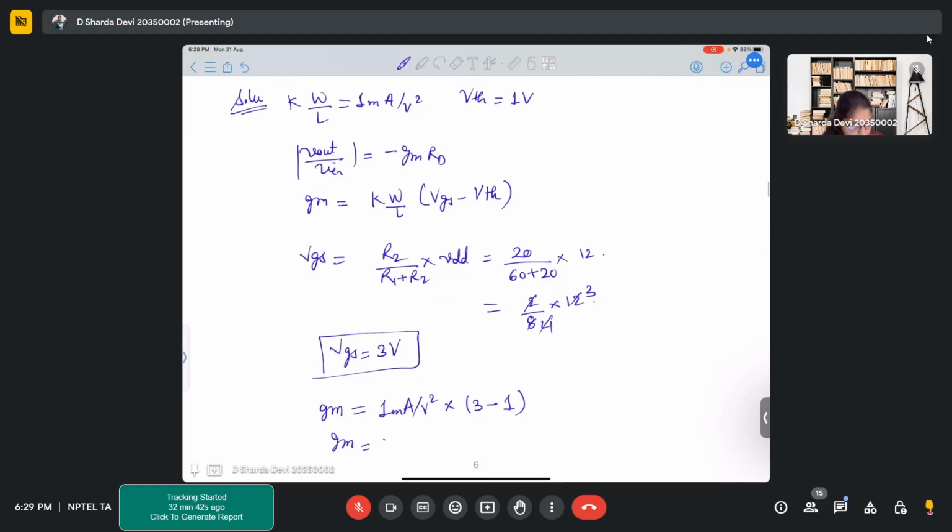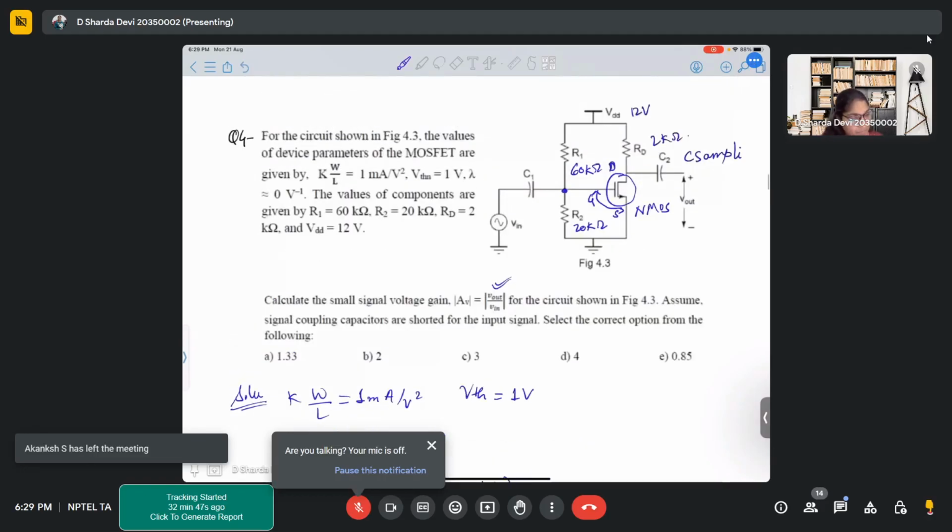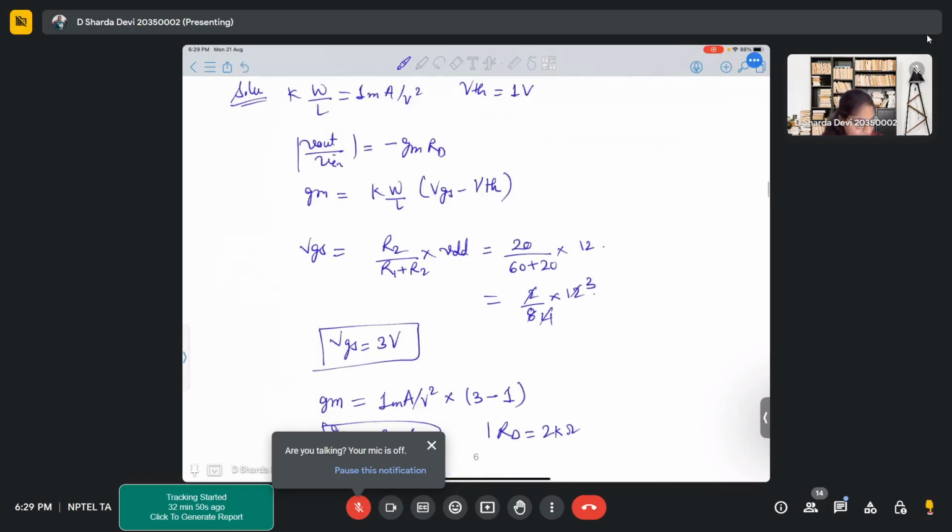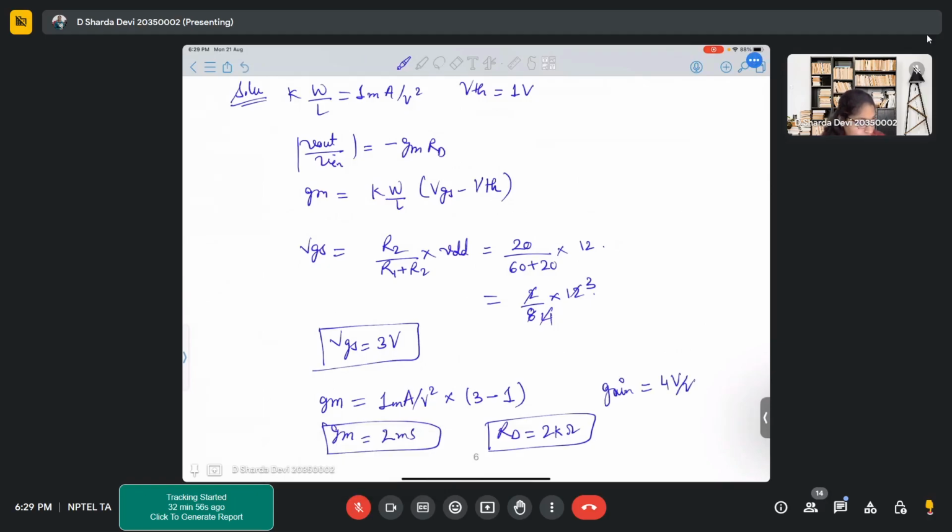So gm is 2 millisiemen. RD is given as 2 kilo ohms. So your gain is 4 volt by volt. Or in dBs, how much will it be? 6.02 dBs.